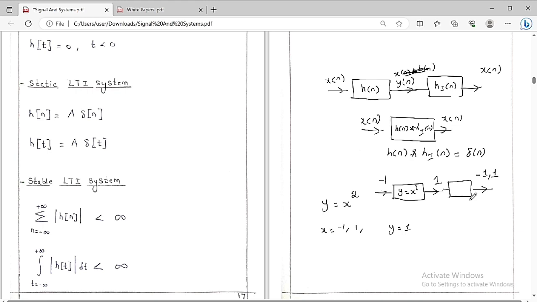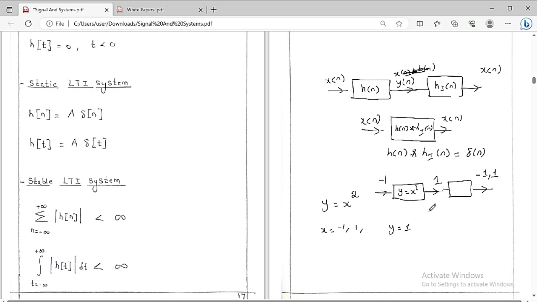For every unique input you should get a unique output, or for every unique output you should get a unique input. But here, for this unique output, we have many inputs. So definitely this is a non-invertible system. Therefore, if for every unique input you get a unique output, or for every unique output you get a unique input, then only we can say the system is invertible.